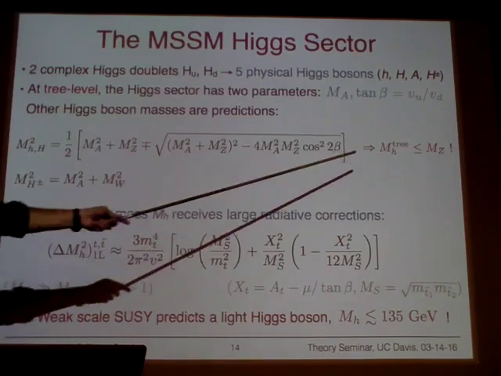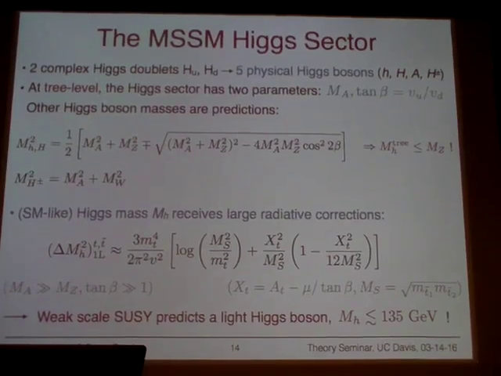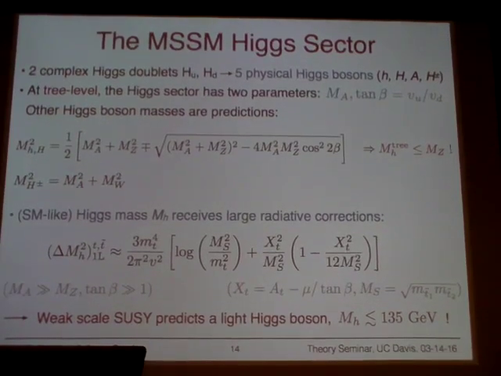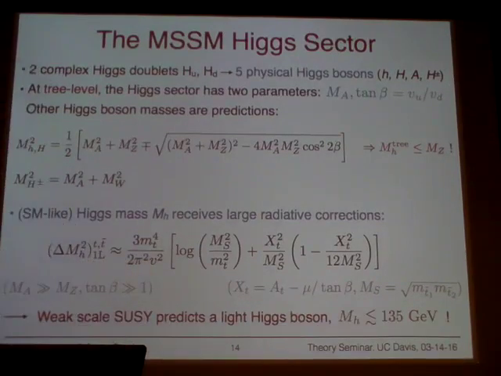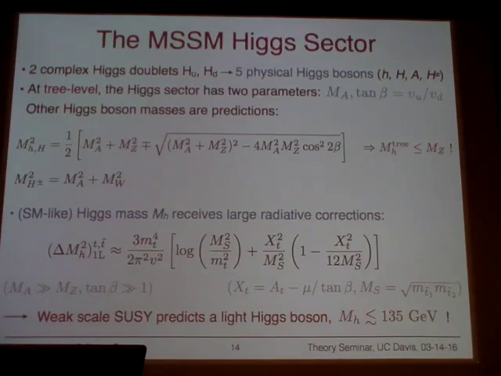And we find this well-known result that the light Higgs cannot be heavier than the Z mass. So this would be a problem if the light Higgs actually is the standard model-like Higgs that we found. Fortunately, there are very large radiative corrections, especially from the top and stop sector, which can lift the Higgs mass up to around 135 GeV if you still require this SUSY mass scale to be at the TeV scale.